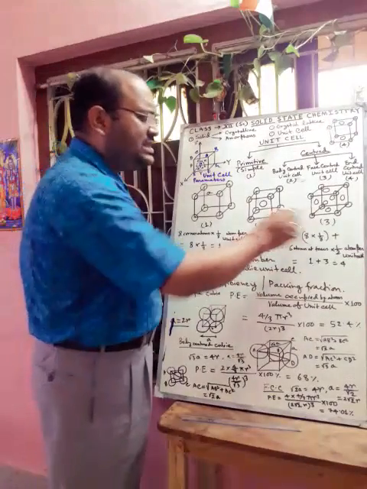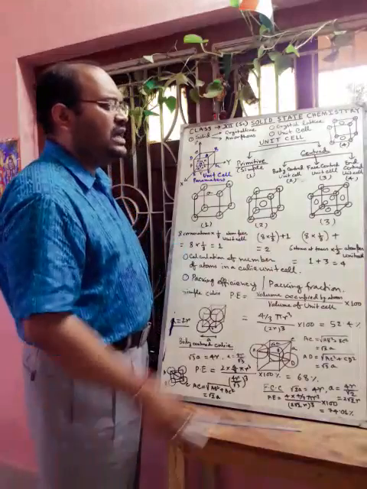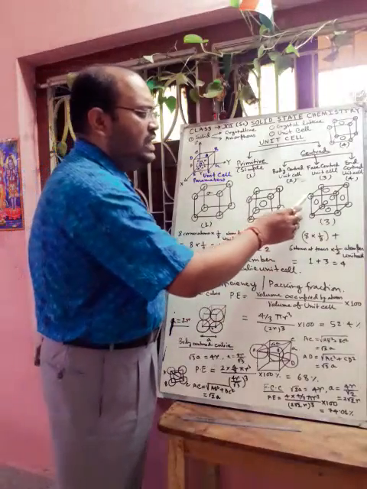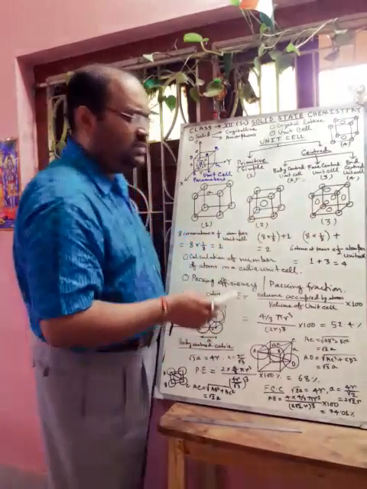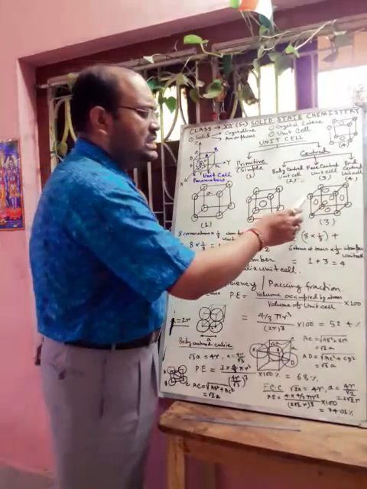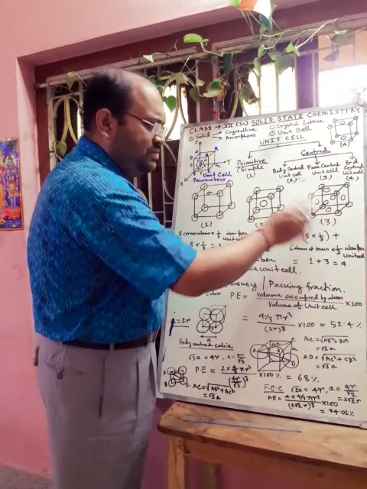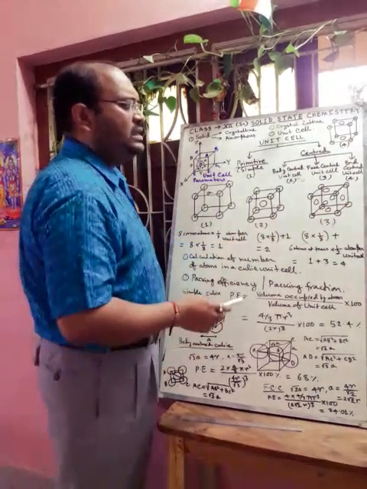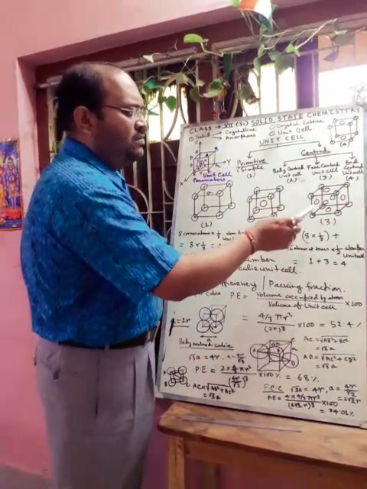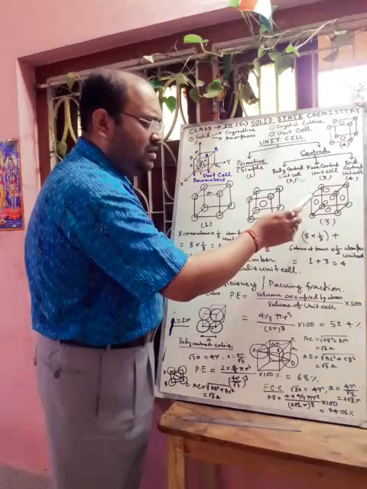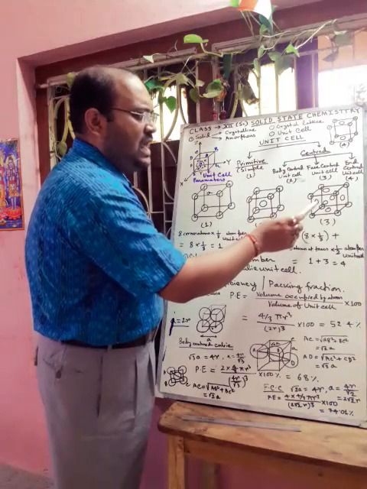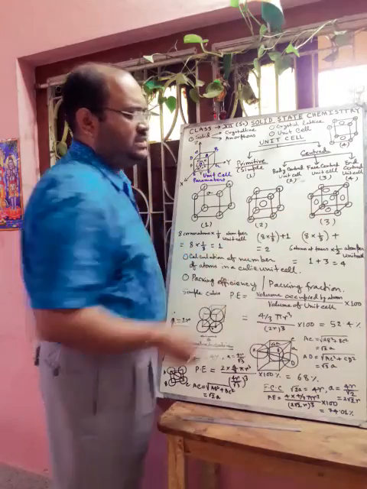Now in case of face centered unit cell, here also in each corner there will be one atom. So these atoms will contribute 1/8 to this unit cell, and there will be 6 constituent particles or atoms at the center of each face.